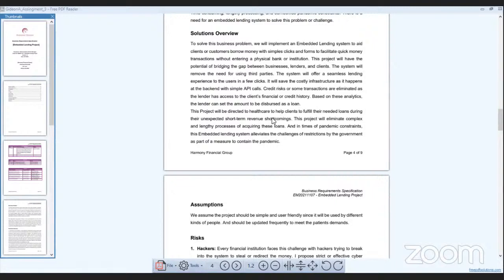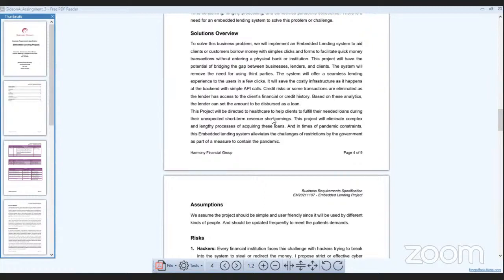This project will have the potential of bridging the gap between businesses, lenders, and their clients. The system will remove the need for using third parties. The system will offer a seamless learning experience to users. It will save the costly infrastructure as it happens at the back end with simple API calls.